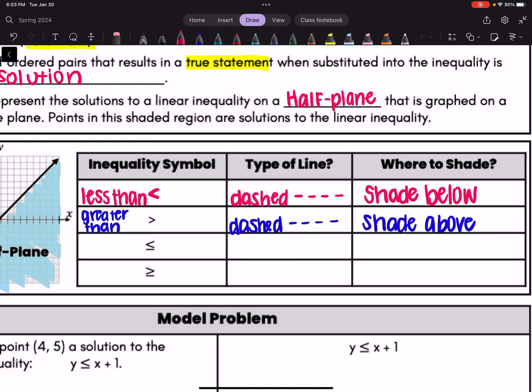Our third symbol, we can have less than or equal to. Because our solutions can be equal to whatever's on the line, this is a case where we would have a solid line.